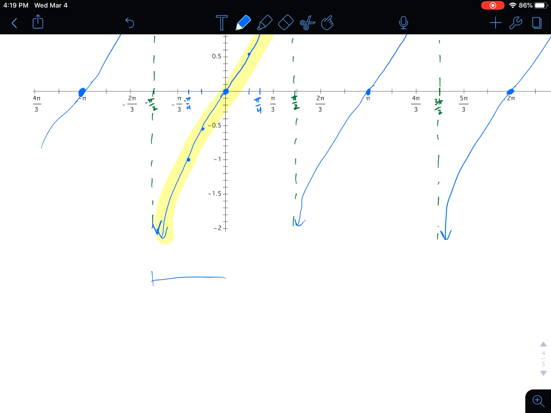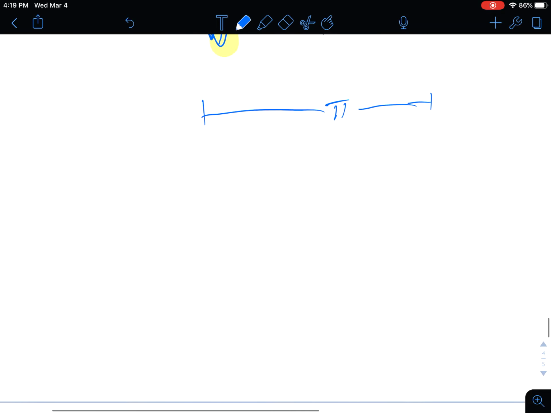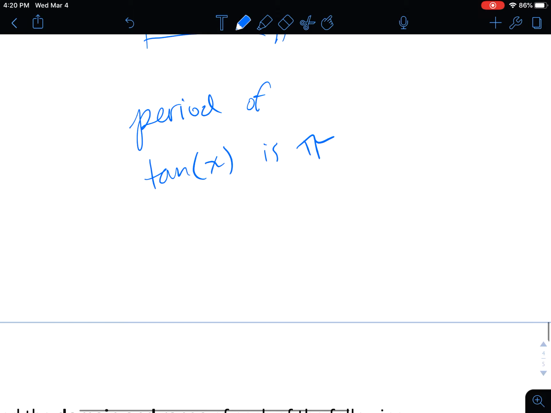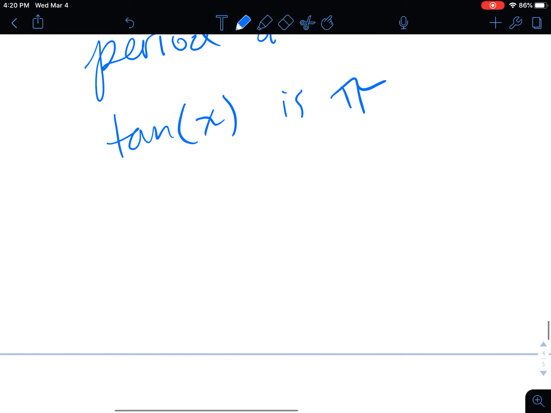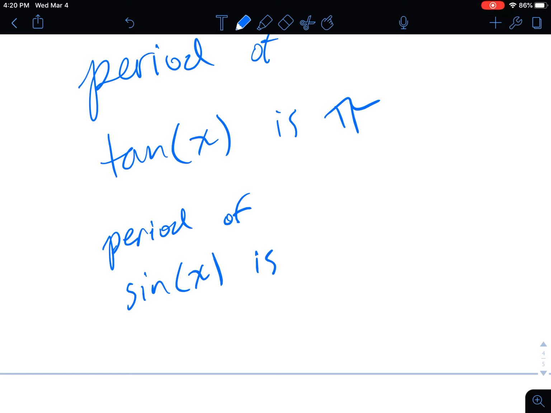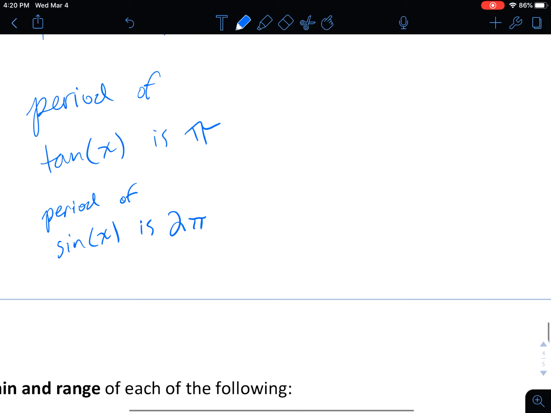And the distance in the x values for one of these chunks is pi, which means that the period of tan x is pi. Now that actually makes a lot of sense. And if you put that in conversation with the period of sine of x, we can see that sine of x has a period of 2 pi, tan of x has a period of pi.